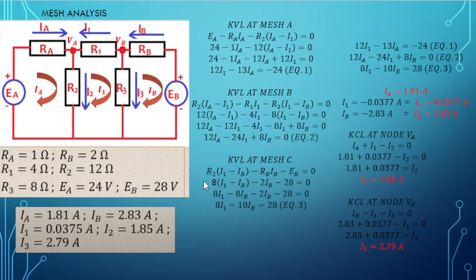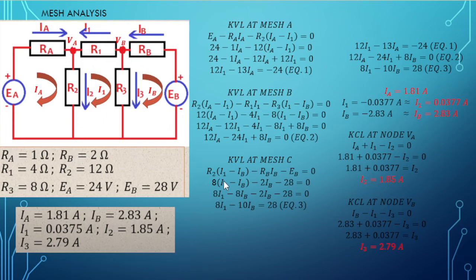So put the values. R2 is equal to 8, times I1 minus IB, and minus 2 IB, then minus 28 equals 0.